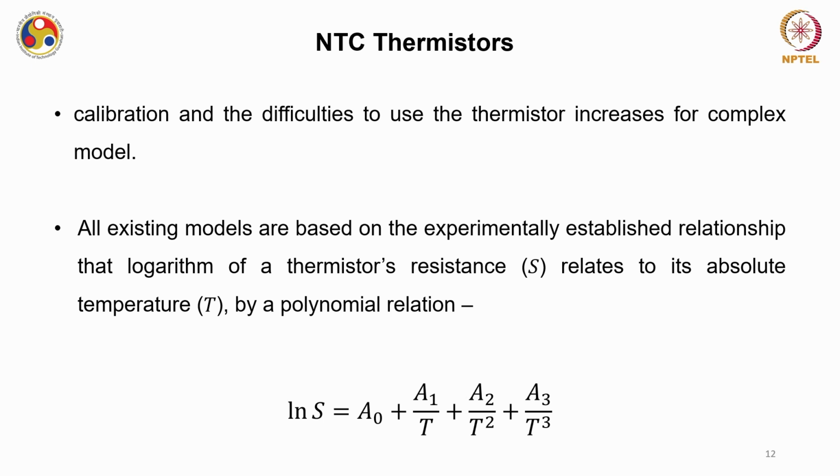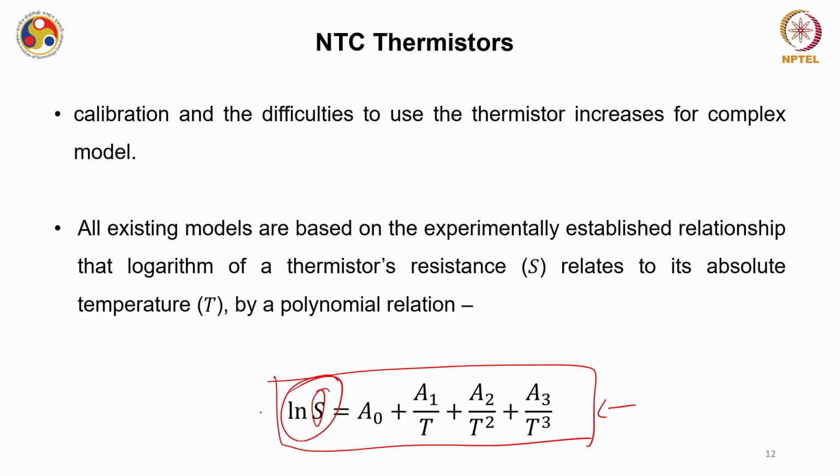All the approximations that you see for these thermistors are approximations of this particular polynomial which relates the thermistor resistance S, in fact ln S, with the temperature T. So the beta coefficient, if you remember, or the alpha one that you have seen, are all derived from this equation which gives the relationship between the resistance and the temperature.